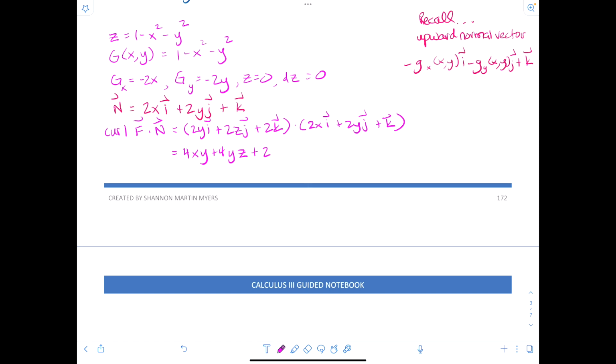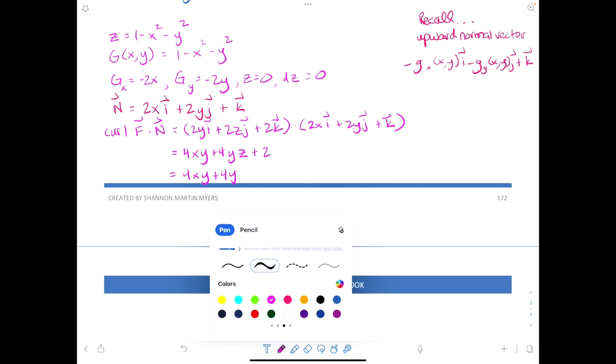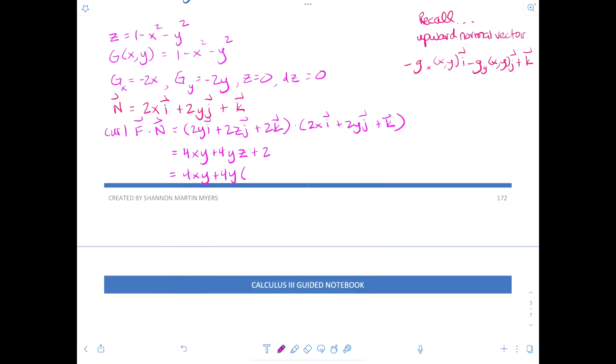But we know what z is, right? So if we plug in z, z was 1 minus x squared minus y squared.